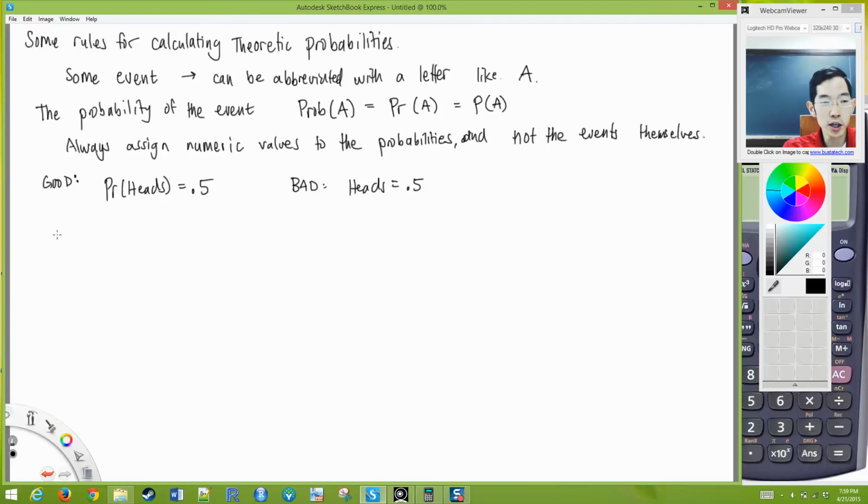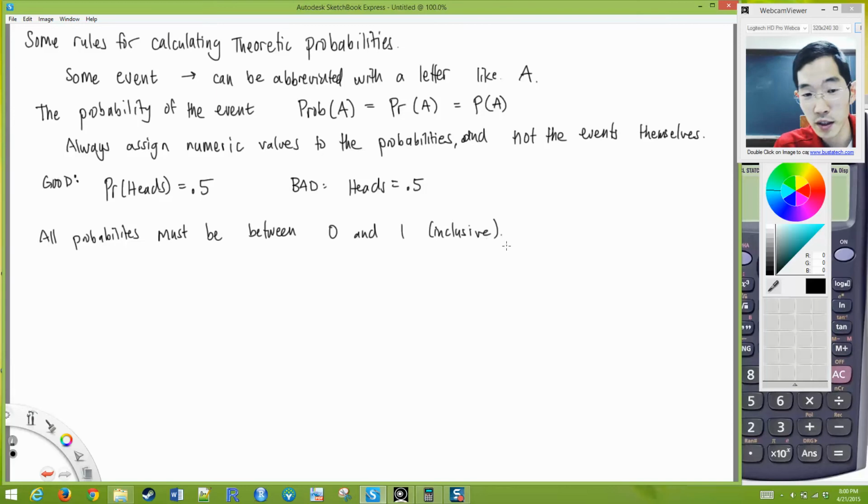Okay, so all probabilities must be between 0 and 1, okay, inclusive, meaning it can equal 0 and it can equal 1. Okay, it can never be bigger than 1 or 100%.